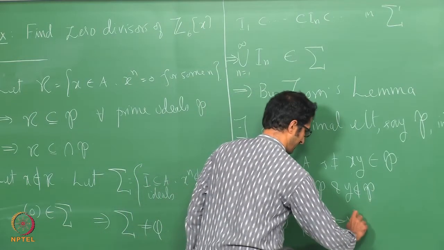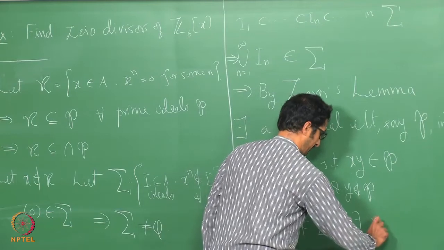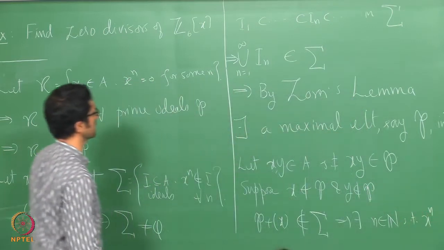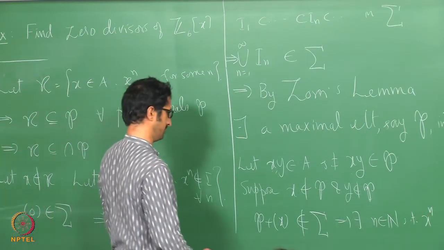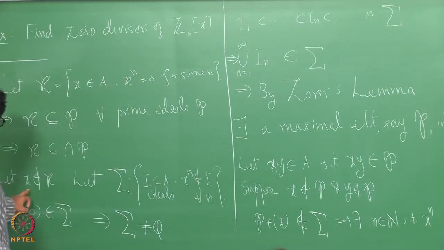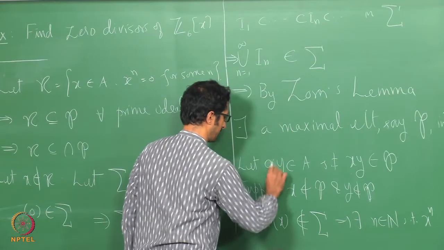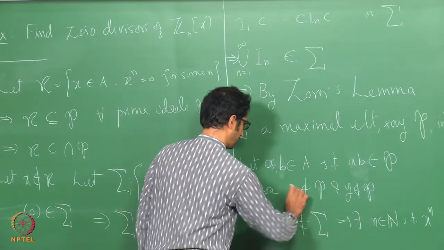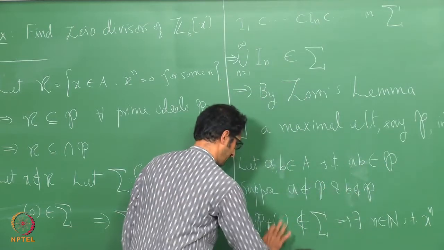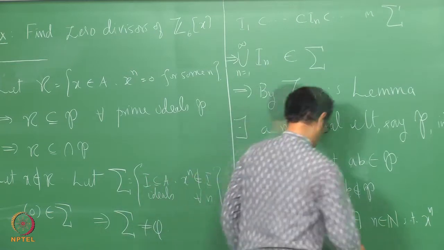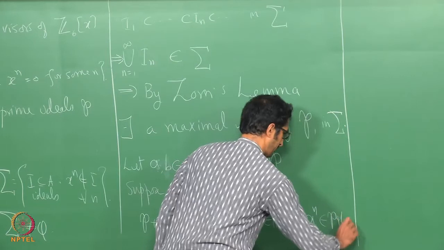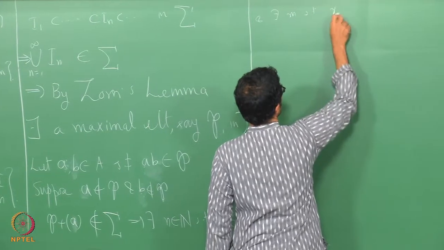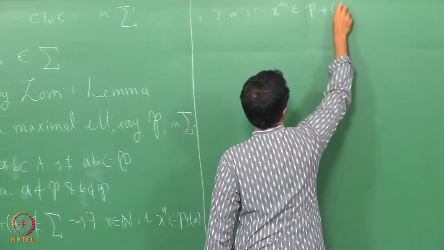Which means there exists some power n such that x to the power n belongs to P plus x. Similarly, there exists m such that x to the power m belongs to P plus y.